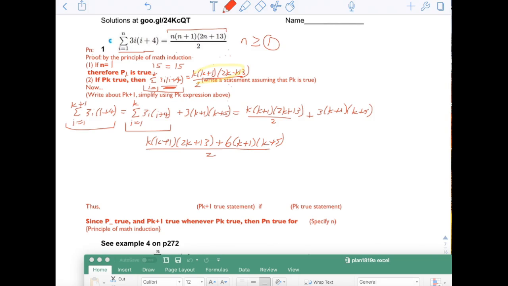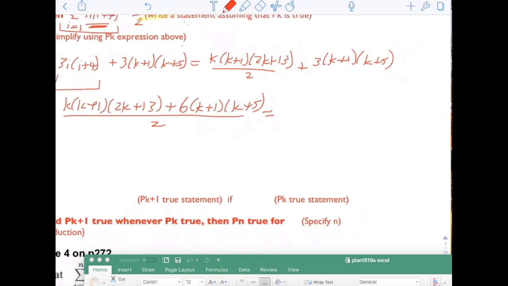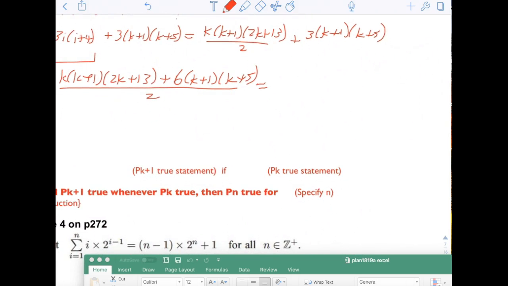All right, and then let's see if multiplying this out can help. So k times k plus 1. We can factor out a k plus 1 here, can't we? There's a k plus 1 here, there's a k plus 1 here. Why don't we factor that out?